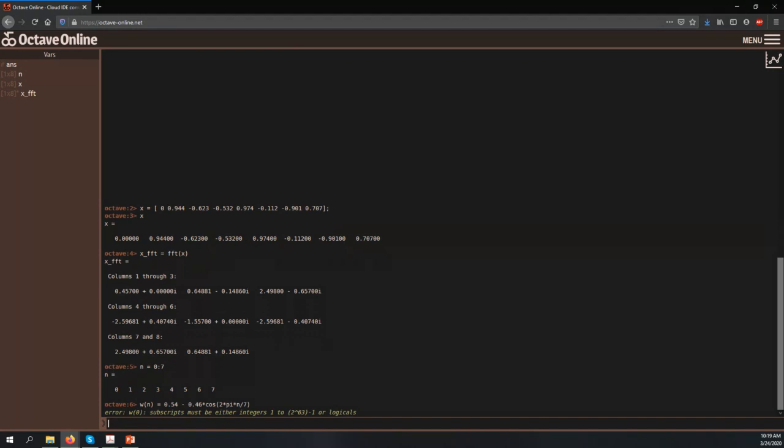Alright, so let's do this a little bit manually. Let me verify one thing to begin with: 0.54 minus 0.46 multiplied by cosine of 2 pi, will it be just 0?